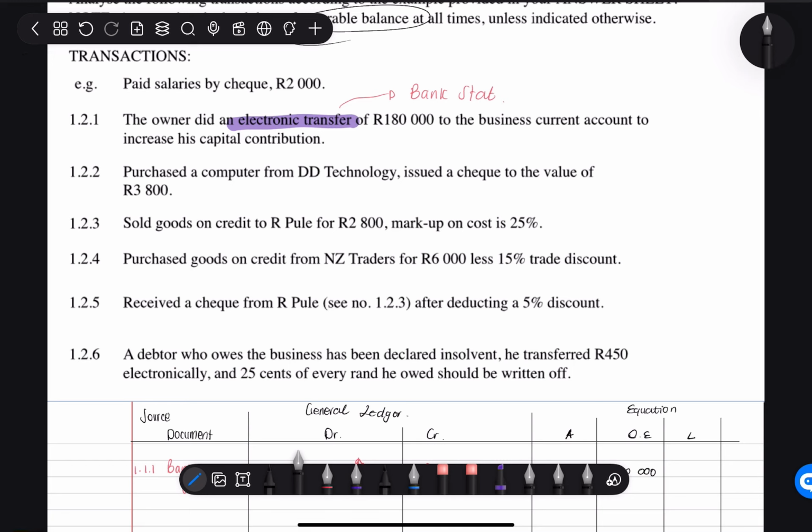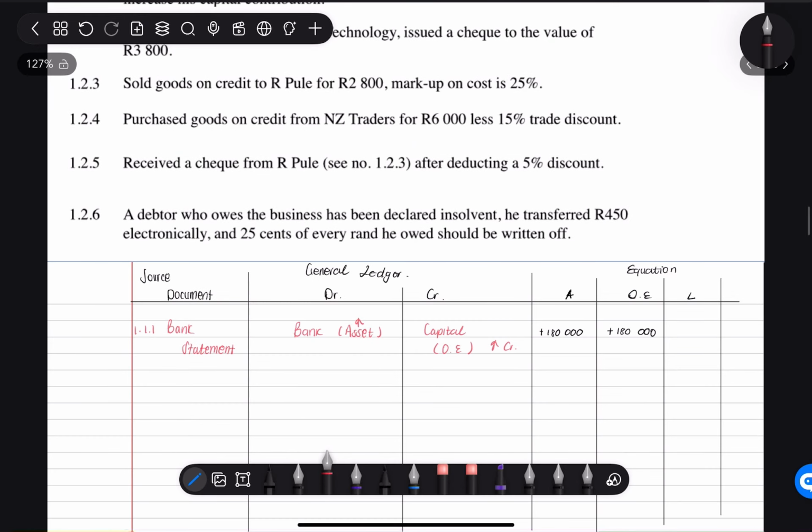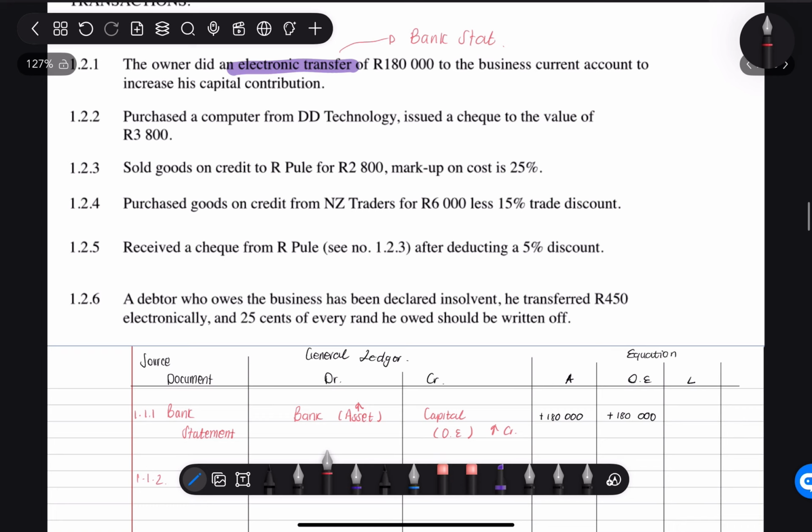Let's move on. 1.1.2, sorry about that. Purchased a computer from DT Technology, issued a check to the value of 3,800. So amounts are always important, so we highlight our amounts. Then we're saying, what did they do to this amount?